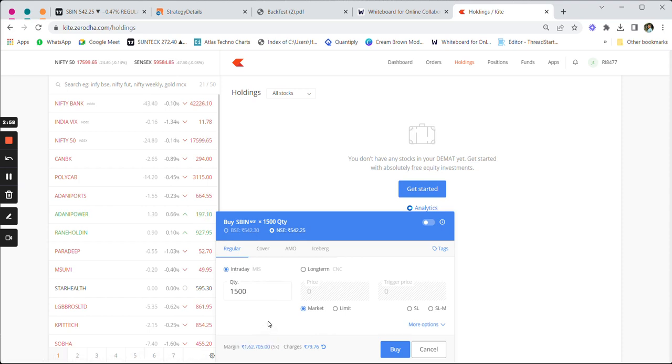So you can enter 1000 quantity based upon your capital, or you can always enter 500 quantity as well. Now if you enter small quantities, the transaction cost is generally high, and that is why it is suggested that you trade in multiples of around 500 minimum, so that after brokerage, taxes, STT, GST and all, you make some kind of money.